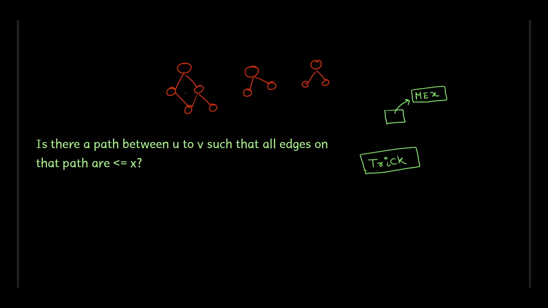So given any graph, undirected, may be connected, might not be connected, might have cycles, might not have cycles, but it is an undirected graph. Now you have to find out, is there a path between u and v such that all the edges on the path are less than or equal to x? And what is the trick? You create a new graph, and the trick is to move from weighted to unweighted, because we are well equipped to solve problems on unweighted graphs.